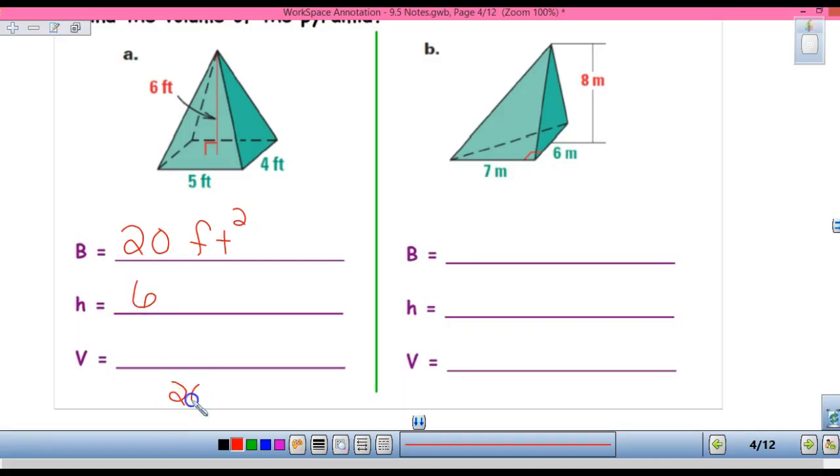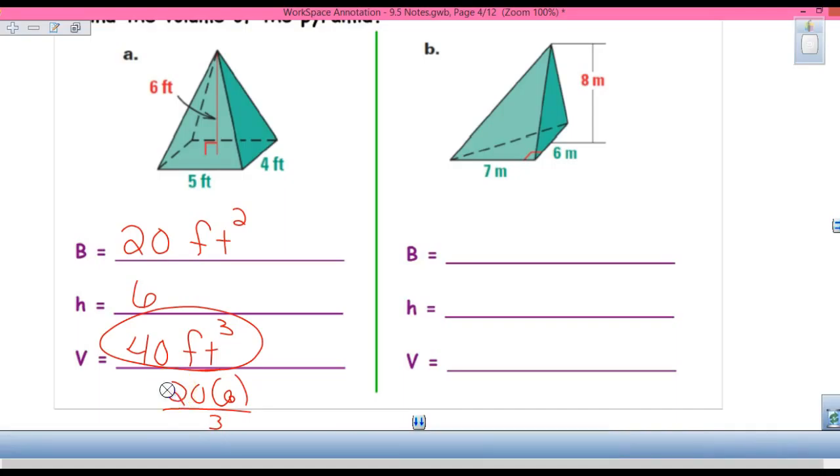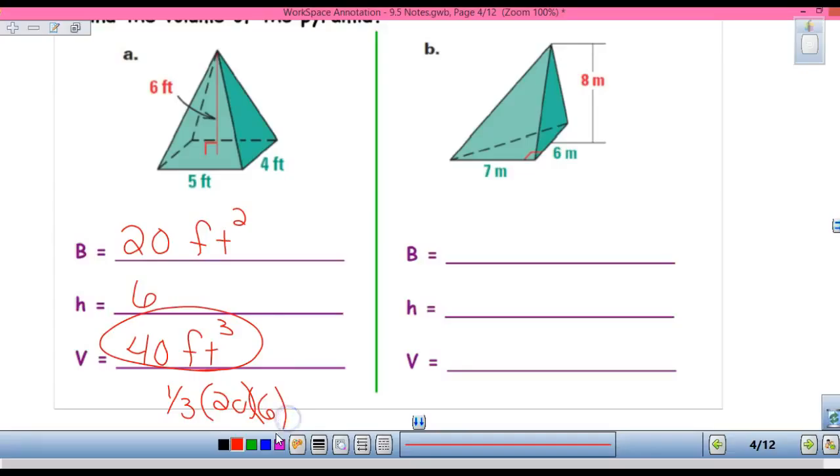So we're taking 20 times 6, and then we have to divide it by 3. 40 feet cubed is my answer, because it's 1/3 area of the base. So you could multiply them all and then multiply by 1/3, so it's 1/3 times 20 times 6. But in your calculator, it's easier to go 20 times 6, hit enter, and then divide by 3.